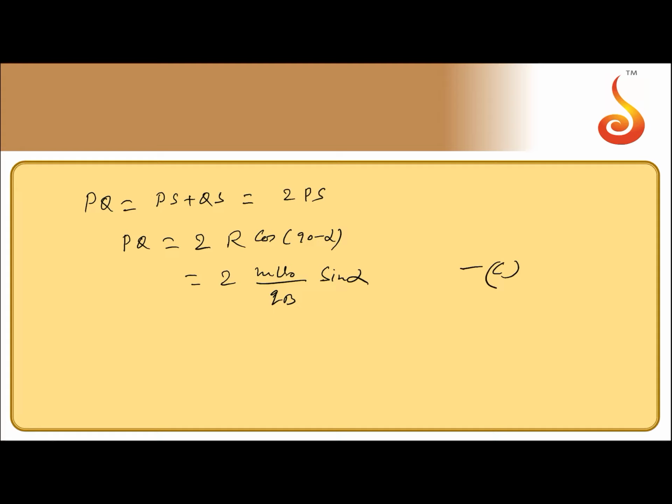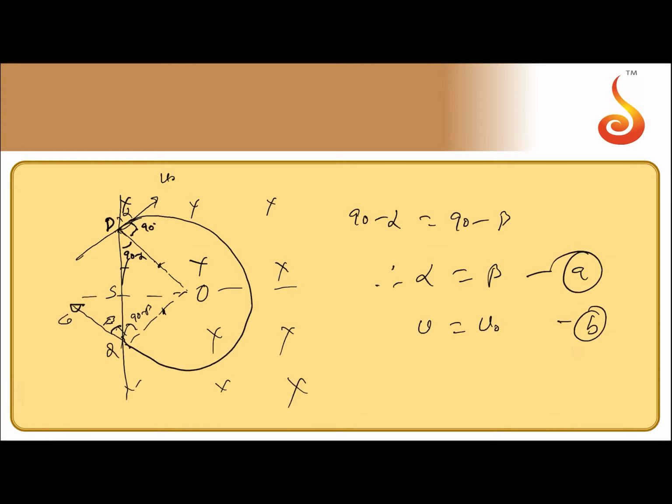Now to find the time spent in the magnetic field, again we can see that these two angles are equal, say 90 minus alpha and 90 minus alpha. So this angle is 2 alpha. So this angle will be equal to 2 pi minus 2 alpha. That is, angle subtended by the arc at its own center is this.